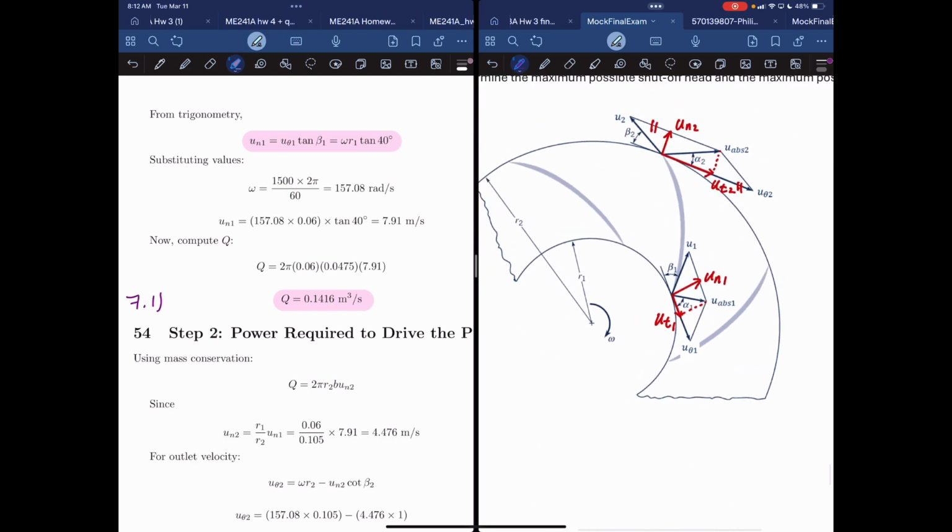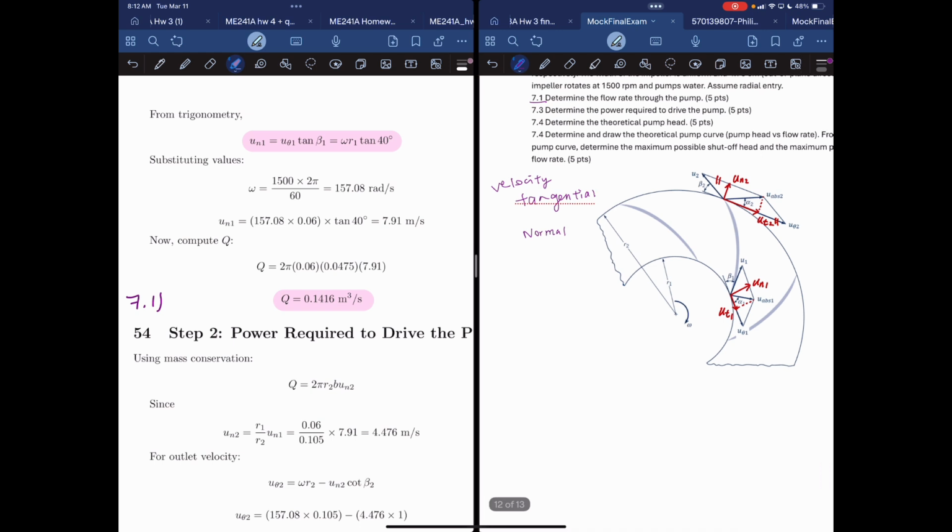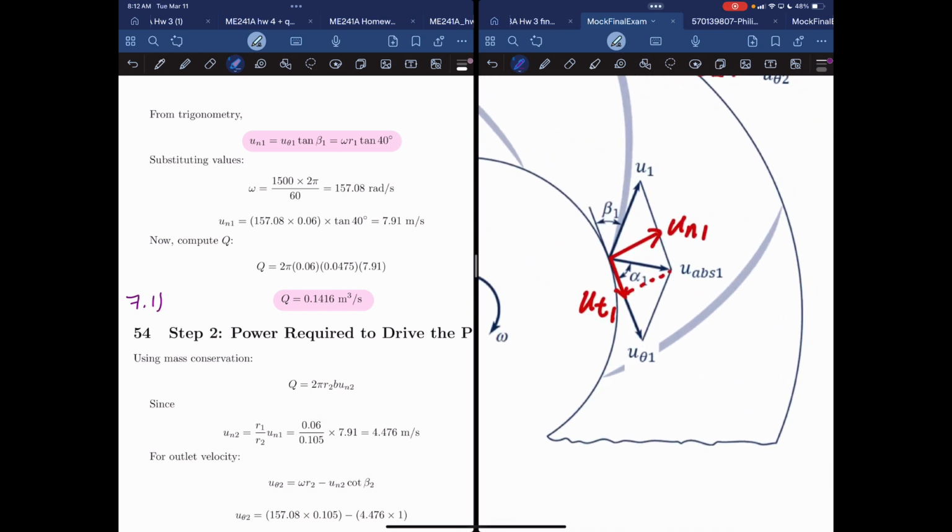So you go off of what you're trying to find for the first one, so you look at this triangle, and then you can solve it by getting the tangent of beta 1 to get the normal, because the normal is just pointing up.